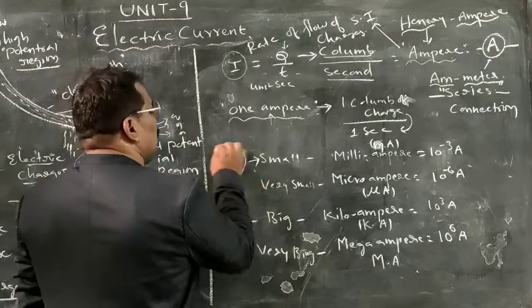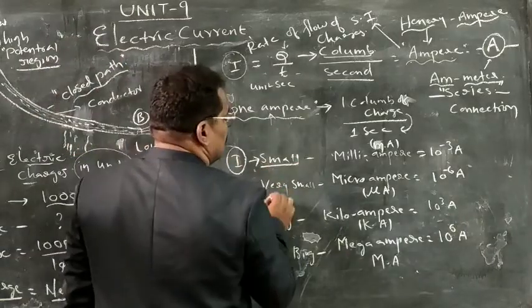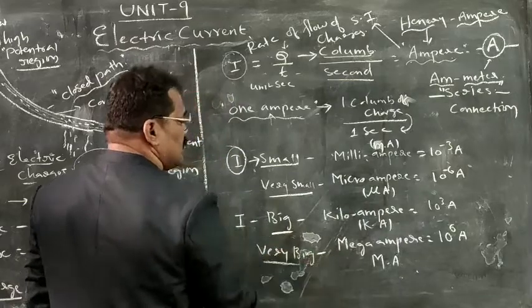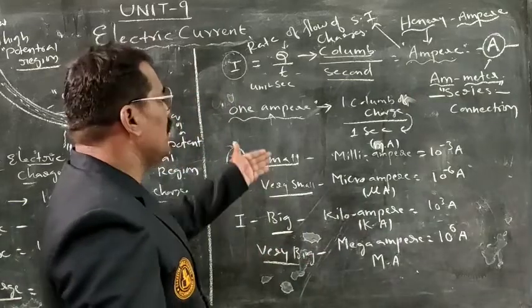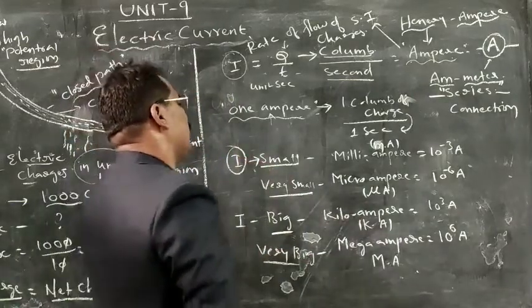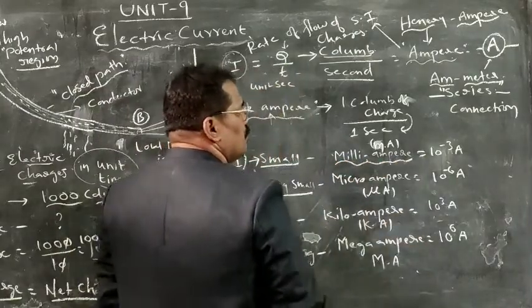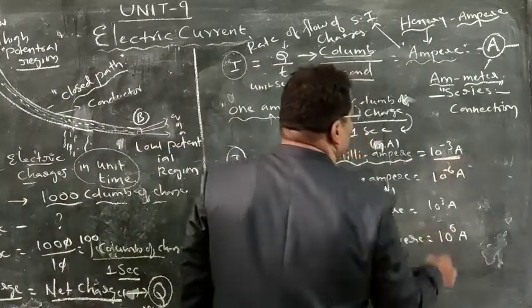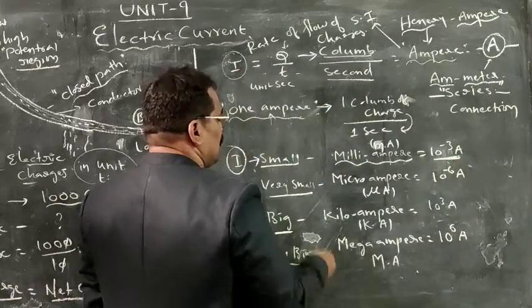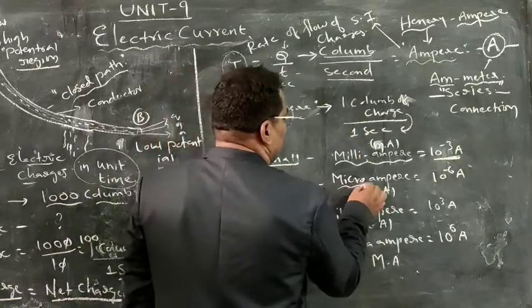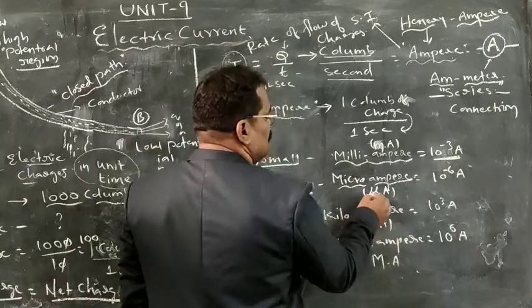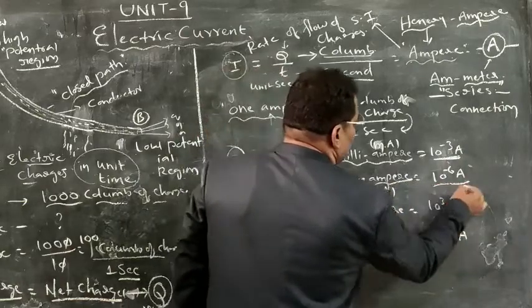This current can be measured in smaller units as well as bigger units. Among smaller units, there is the milliampere, whose value is 10 to the power of -3 ampere. A very small unit is the microampere, which is μA, 10 to the power of -6 ampere.